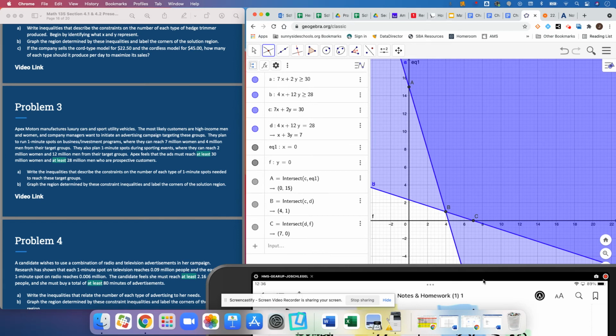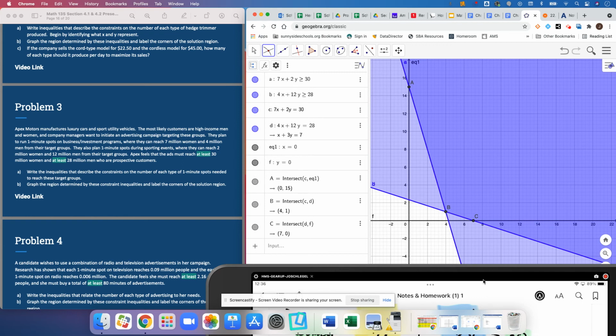I've got 0, 15 for A, which means that we would spend money on 0 business investment advertisements, and we would spend money on 15 minutes of sports advertisements. For point B, we do have 4, 1.